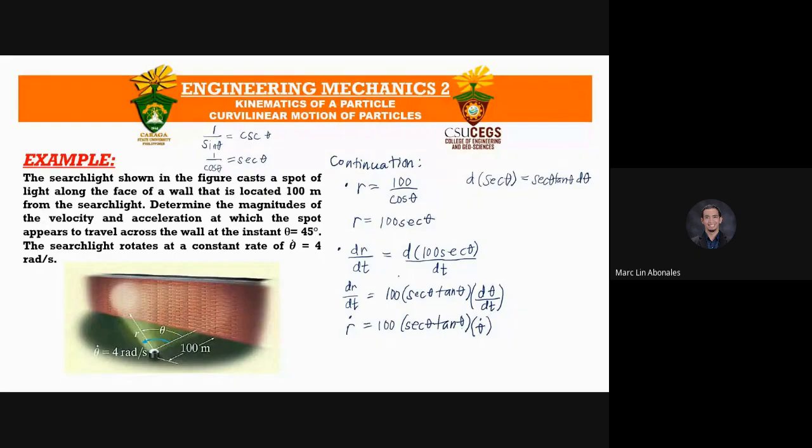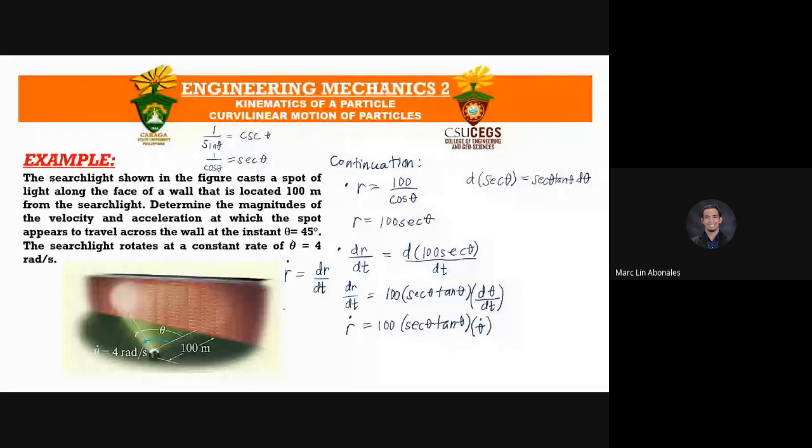So it is fine if you do not write dr over dt; you can write r dot directly, because an r dot means the derivative of the equation with respect to time.